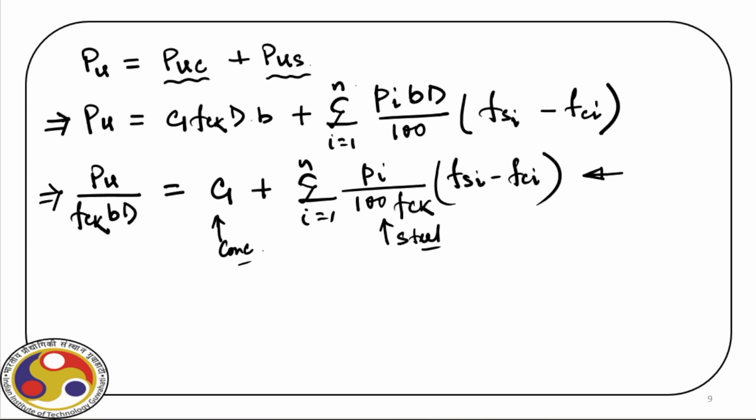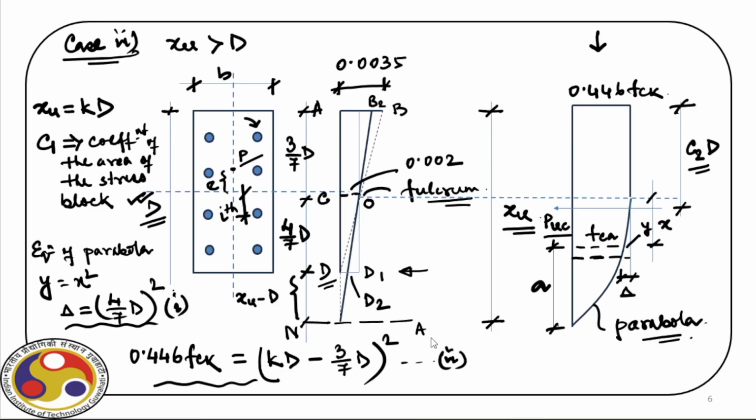Now let us complete the remaining task, and for that Mu, the moment capacity, Mu is equal to Muc plus Mus. Again, this is from concrete and this is from steel. For that, we have to first identify the stress block, and now we know the location of the CG. So we have quantified this PUC, that is coming from the area of the stress block, times this C2D.